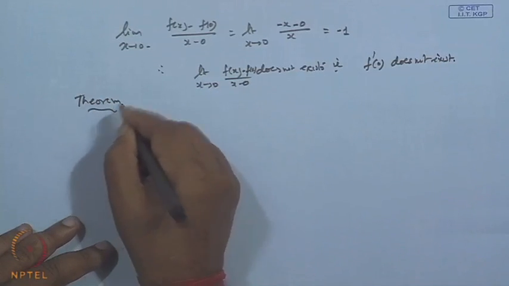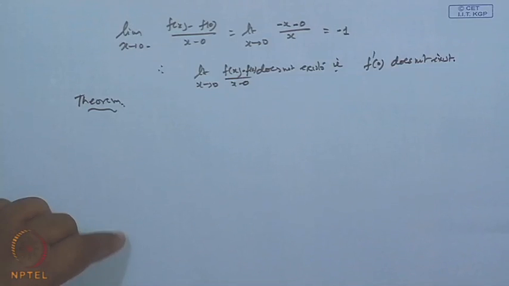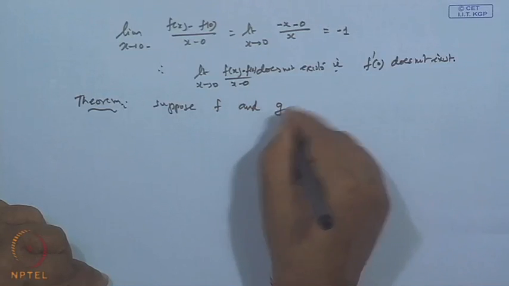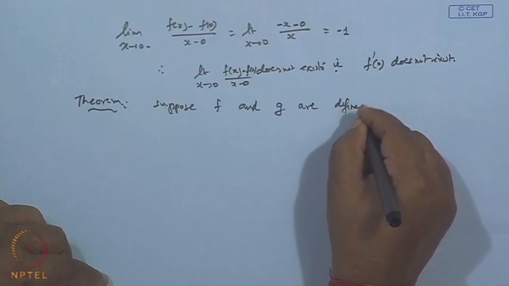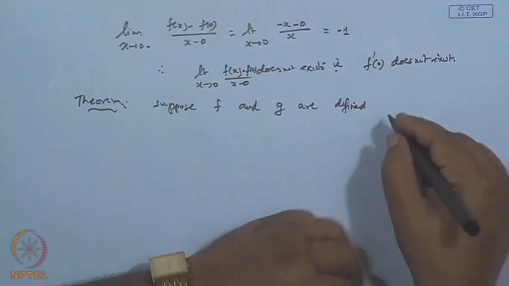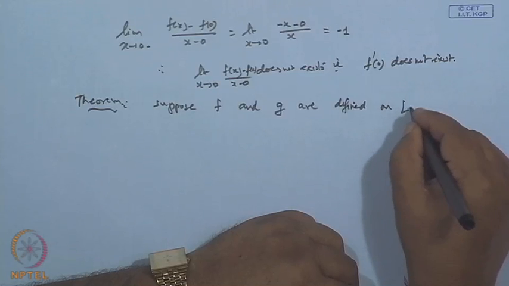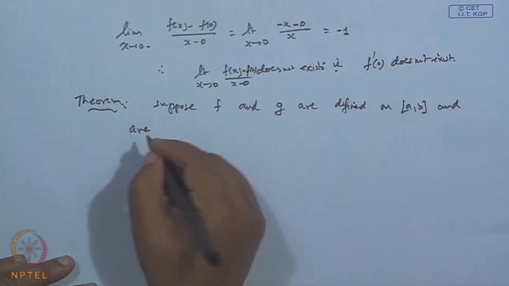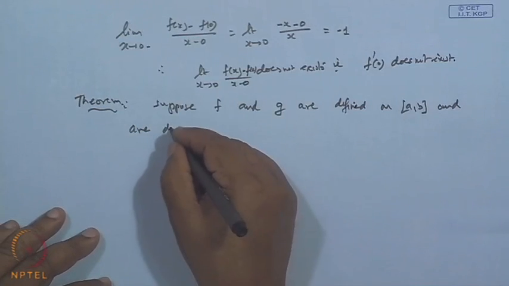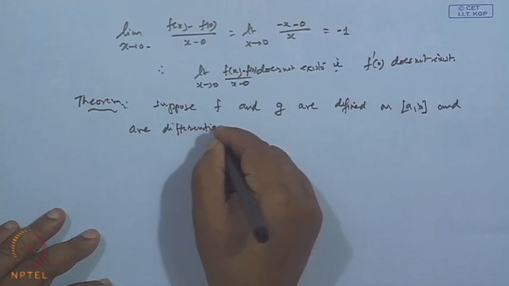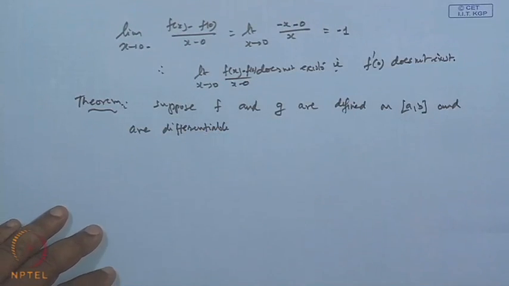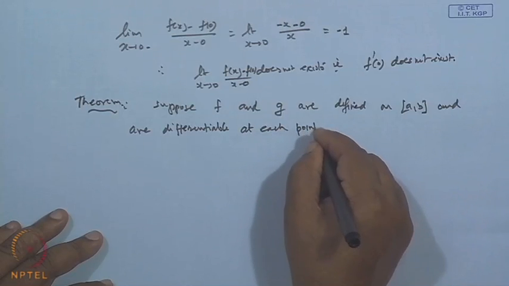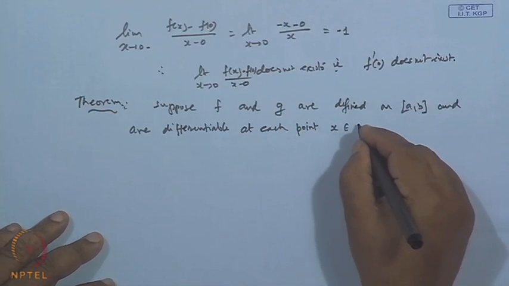Let us suppose f and g are defined on the closed interval [a, b], and are differentiable at each point x belonging to [a, b].